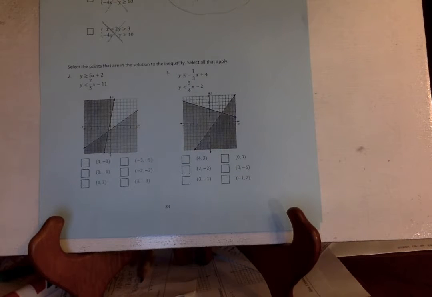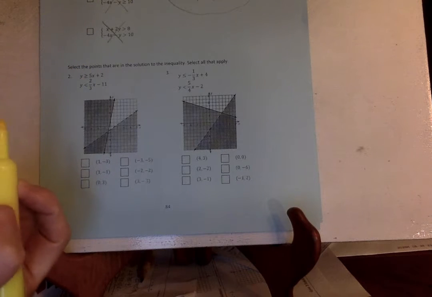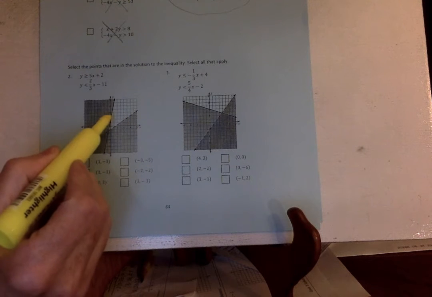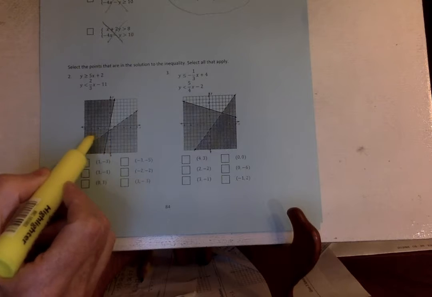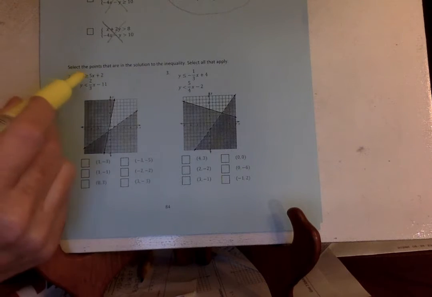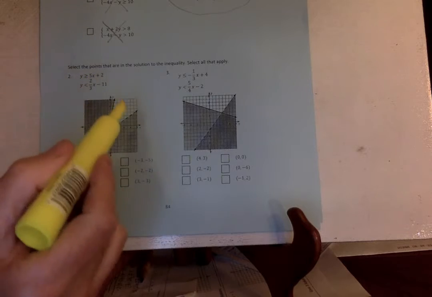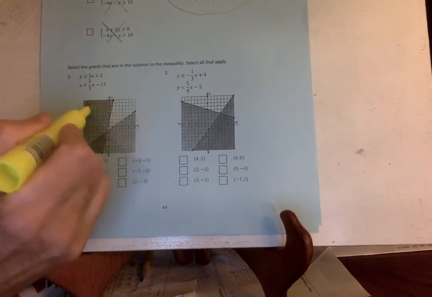Okay, so if I say y is greater than 5x plus 2, I'm going to color that in yellow. So if I start at 2 right here, and then I can go up 5 over 1, then y is greater than or equal to 5x plus 2. That's going to be all of this.